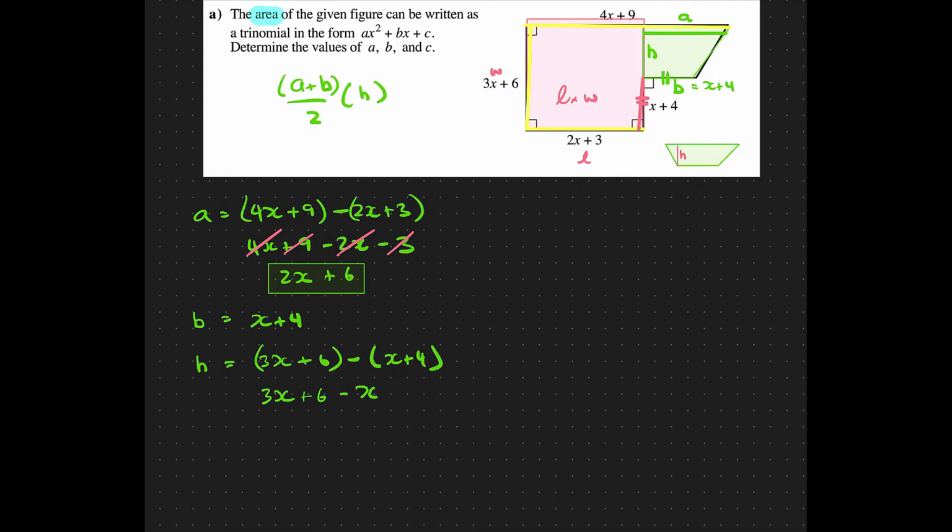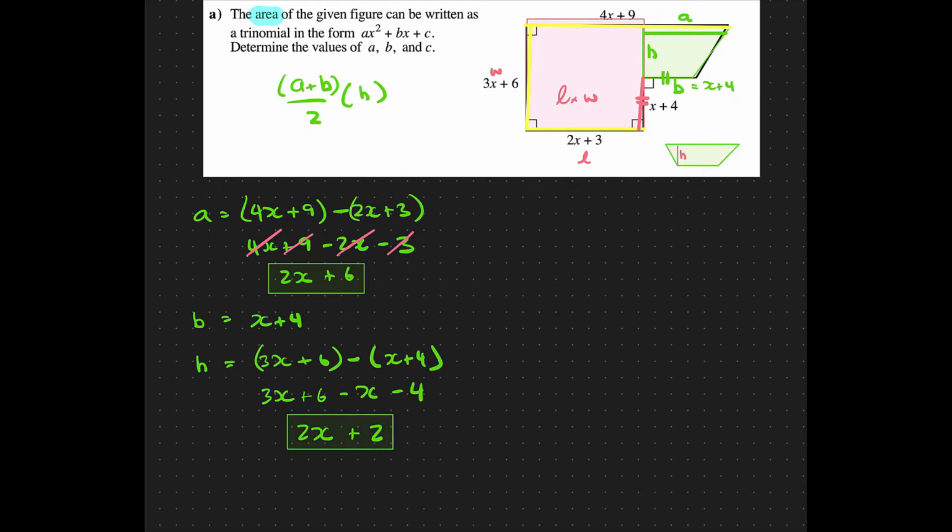So minus x minus 4. And what we end up with is 2x plus 2. Okay, so we have 2x plus 2, and that will be the length of h.